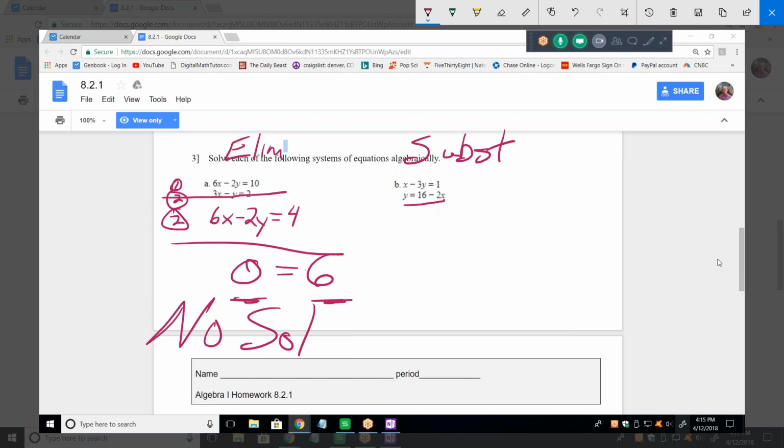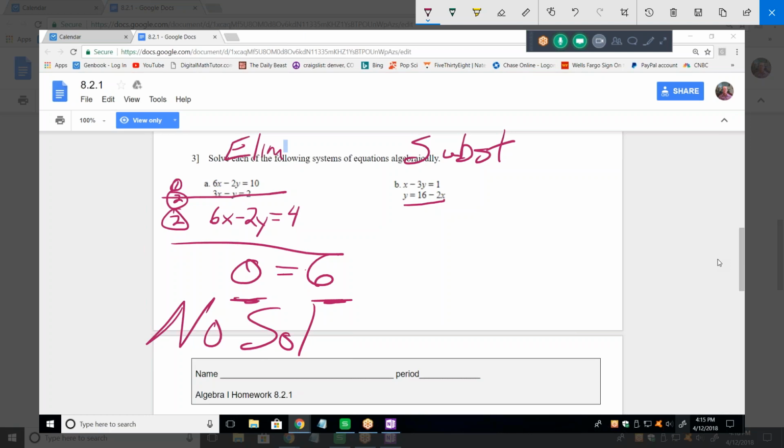But whenever I solve it, by whatever method I choose, it doesn't matter whether I had used elimination or substitution, I still would have gotten one number equals a different number. Well, that is an impossibility. When you have an impossibility, that means no solution.